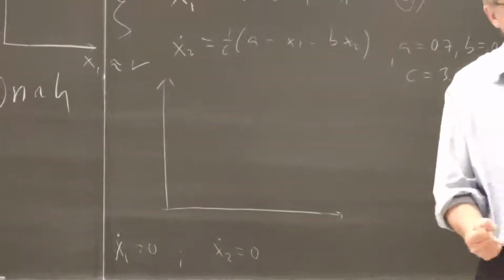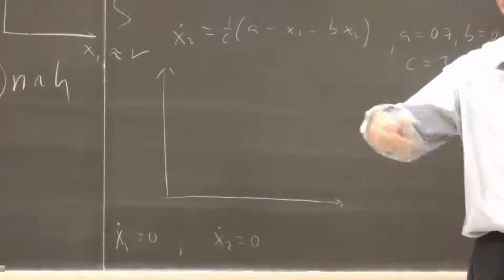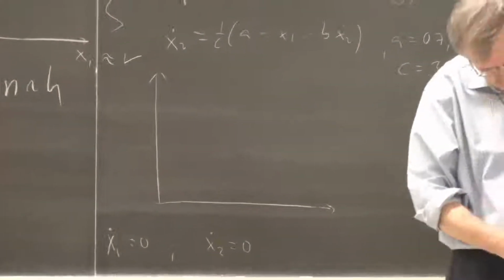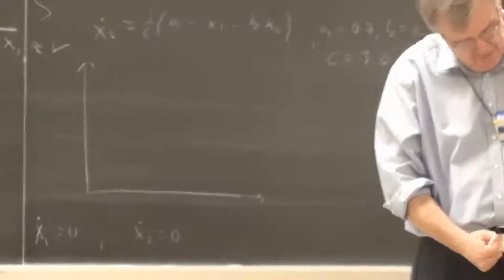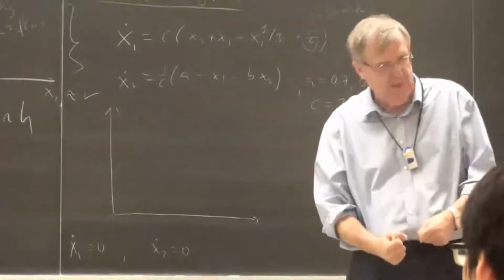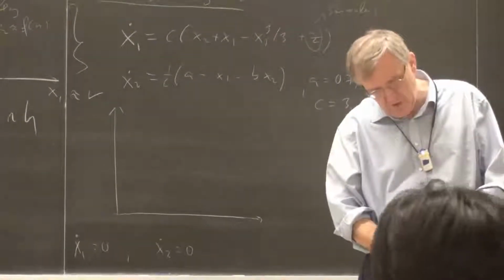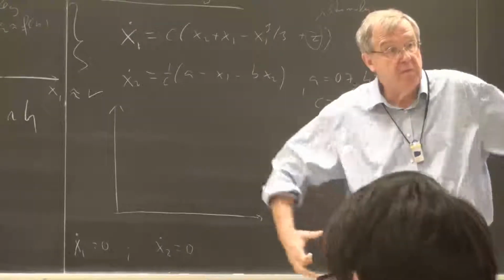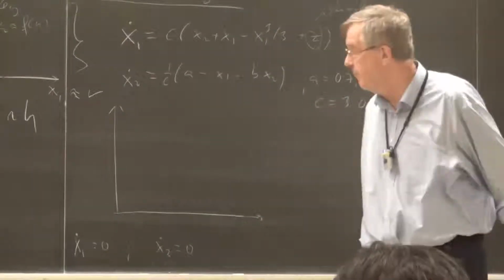There it is slow, because x2 is always slow. x1 dot equals 0 happens where the voltage is not changing, and that's where the solutions are slow, whereas everywhere else they are fast.